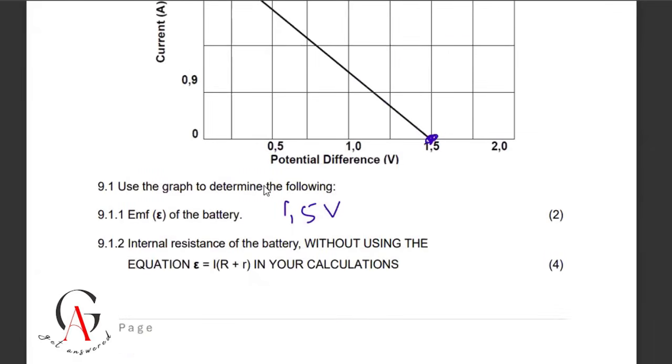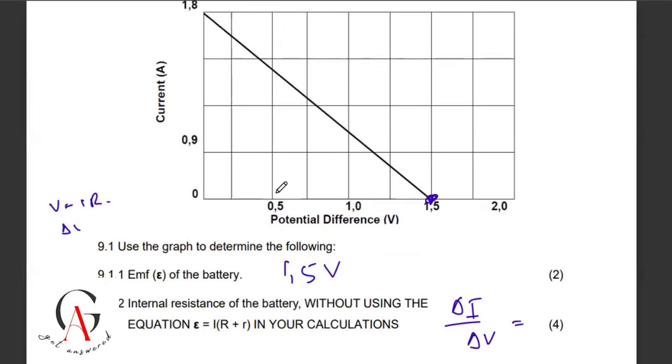Okay. So what's going to be the gradient? We're going to say that the change in I over the change in V. We know that V is equal to IR. So we're going to flip it afterwards. Okay, so change in I is going to be 1,8 over the 1,5. Or we can do it the other way around and say 1,8 minus 0 over 0 minus 1,5, something like that.